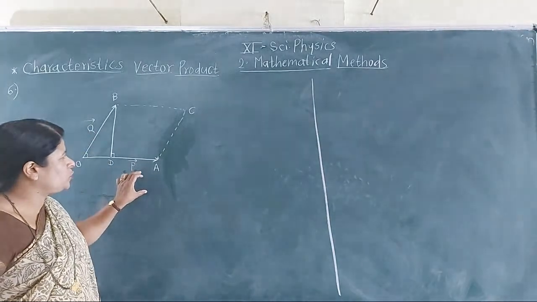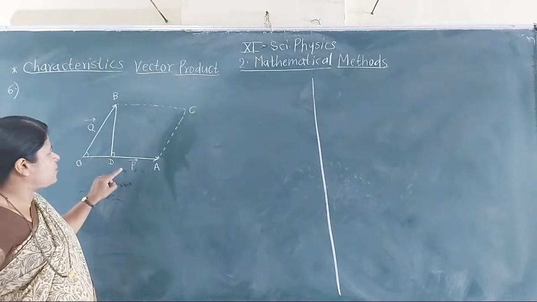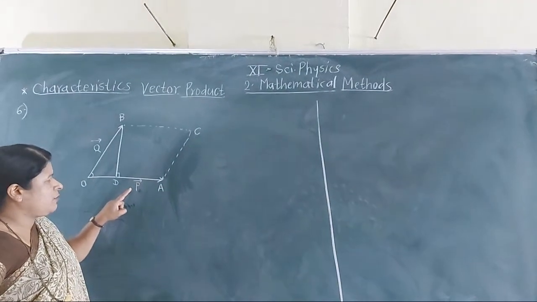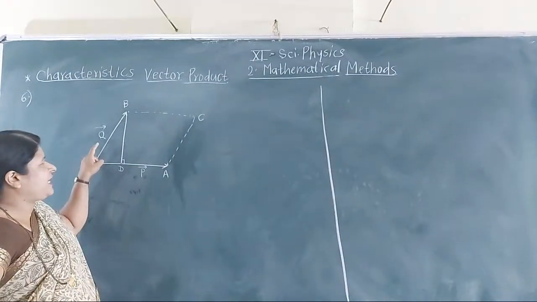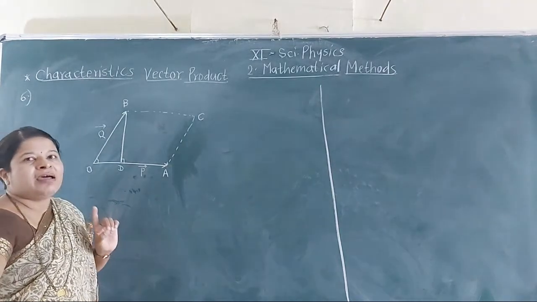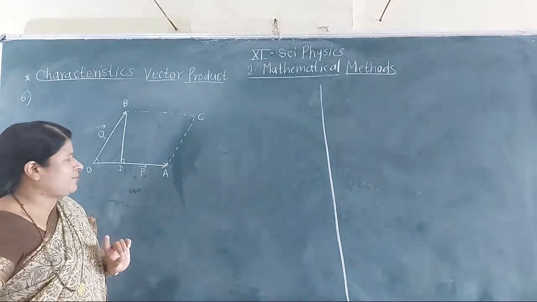Now we have to show that the cross product of vector P and vector Q is the area of the parallelogram.